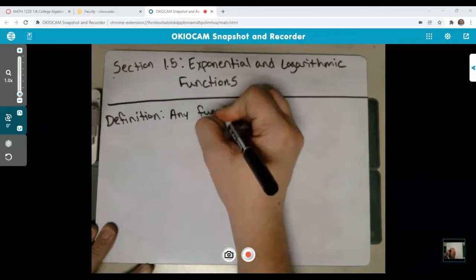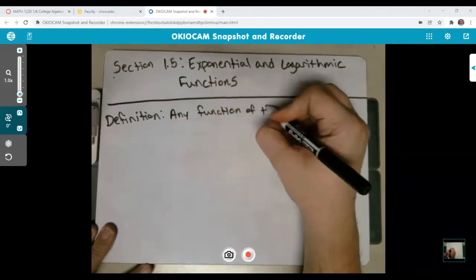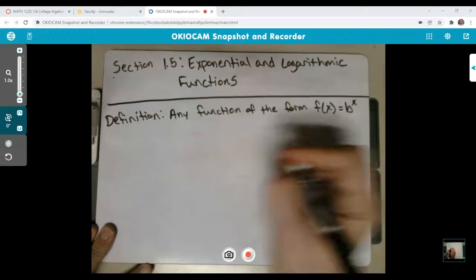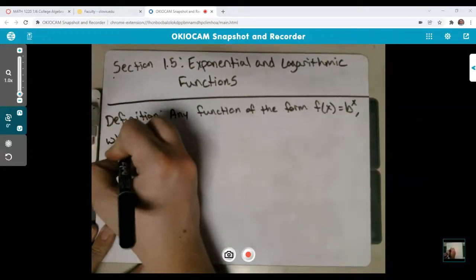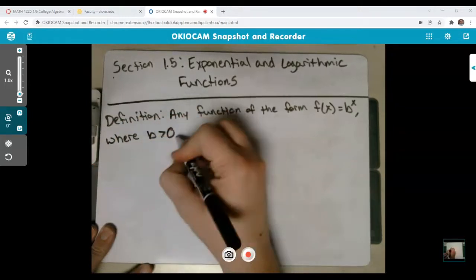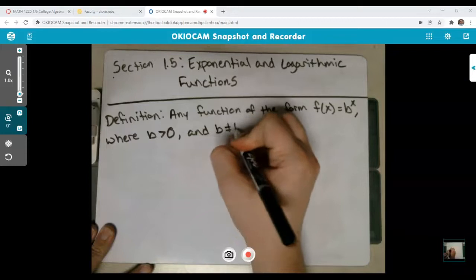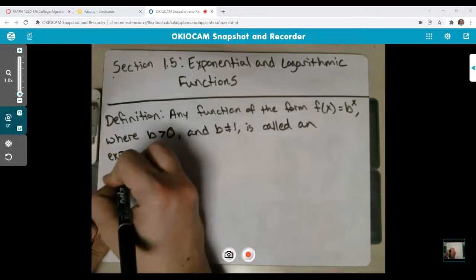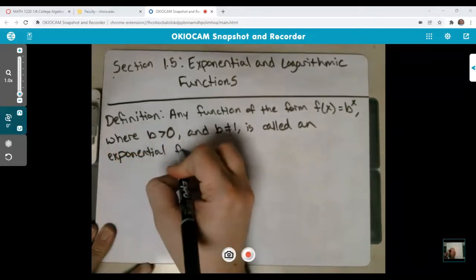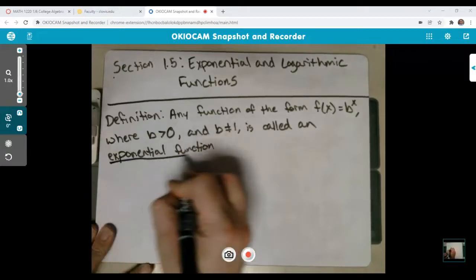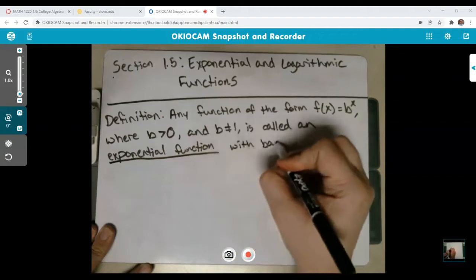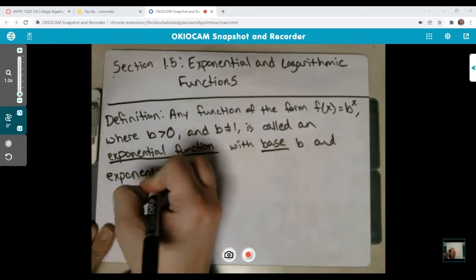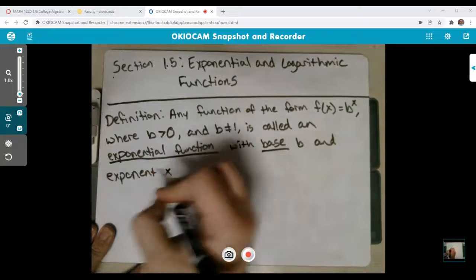Any function of the form f of x equals b to the power of x, where b is some positive number, and b is not equal to 1, is called an exponential function with base b and exponent x.